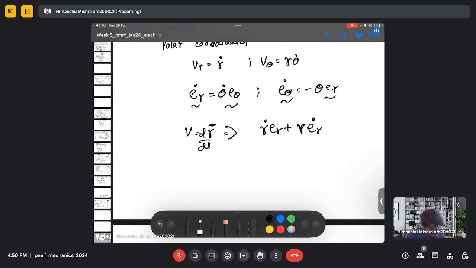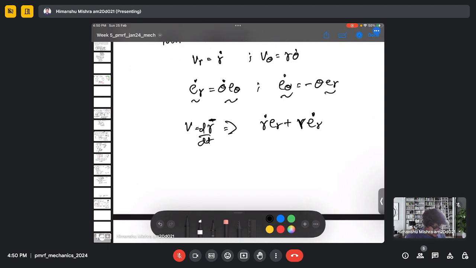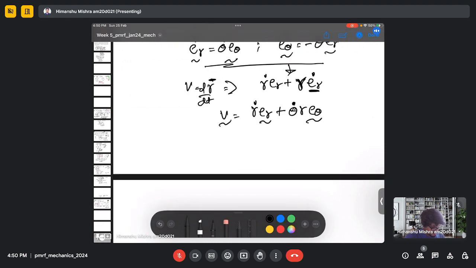Basically, you are taking the time derivative of this r vector. And you can use the above relation here to remove this er dot. So it will be r dot er plus r theta dot e theta. So this is my velocity vector.